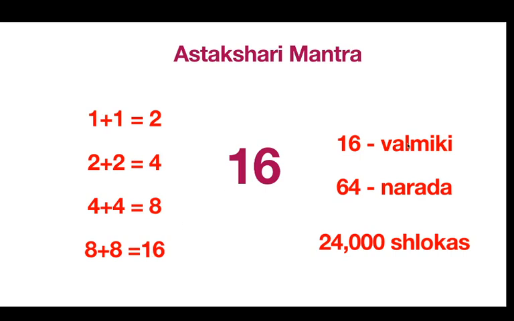Surprisingly, Valmiki asked whether somebody has 16 qualities, the perfect human. Narada in his reply listed 64 qualities, again a multiple of 16. Coincidentally, Ramayana has 24,000 shlokas, also a multiple of 8. 8 seems to be the central character here.